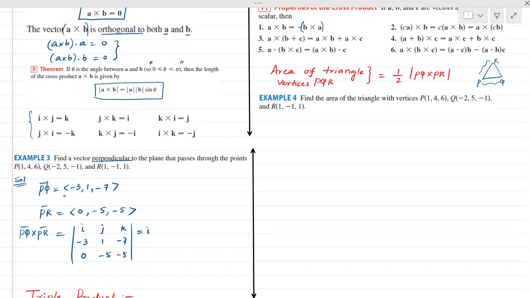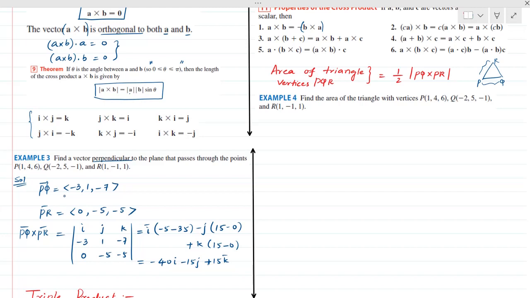Now this is equal to i times (-5 minus 35), minus j times (15 minus 0), plus k times (15 minus 0). Therefore the answer will be -40i minus 15j plus 15k. So this is the vector.